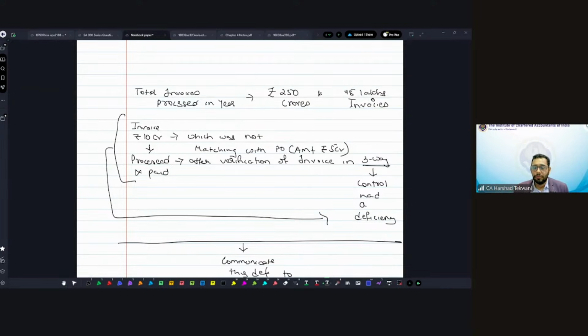Why did this happen, what was the reason? Whether the reason is the design, whether the reason is the implementation, whether the reason is the operation of this control, the control was not operated effectively, or the control is missing altogether. So what is basically the reason for having this particular deficiency in the internal control?